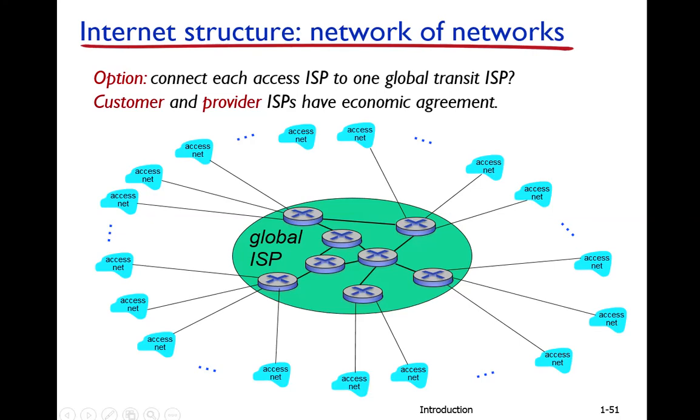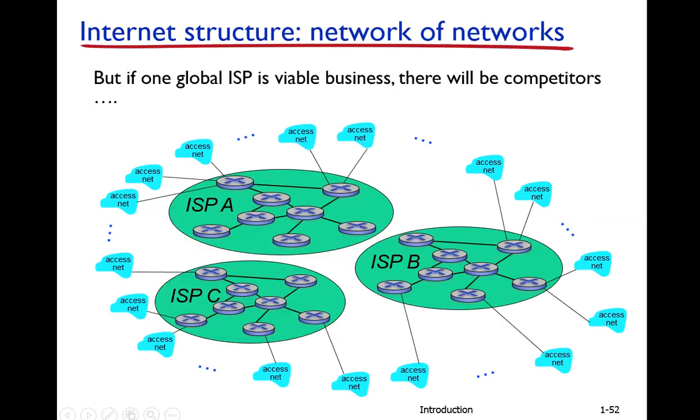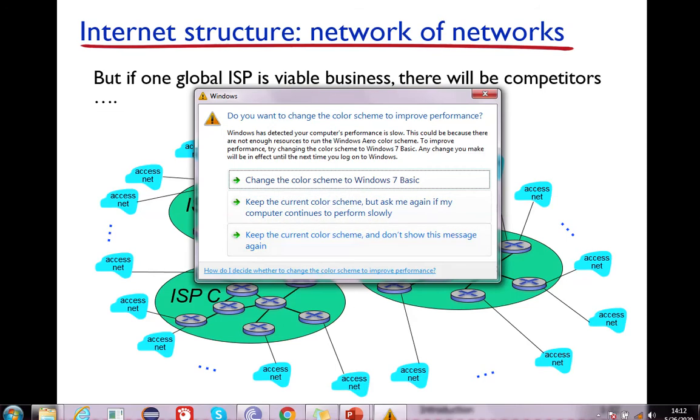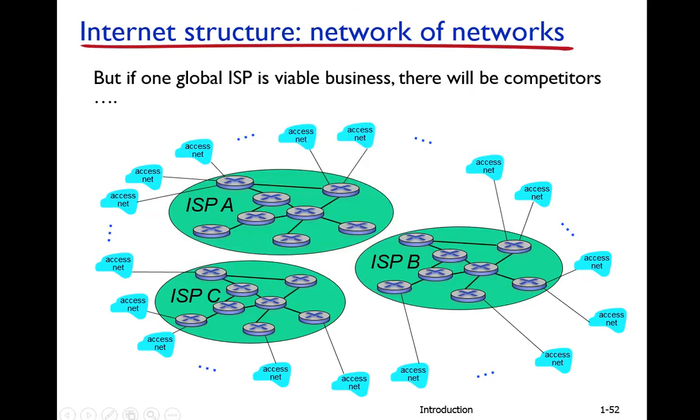Okay, so another option is that we have different ISPs. Let me give you an example in analogy. In the world, we don't have a single country. We have multiple countries, and these countries are interconnected. They form the regions, and then the regions are interconnected with each other. This forms the global world.